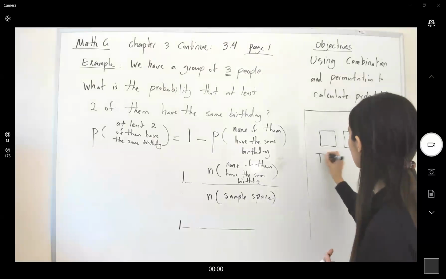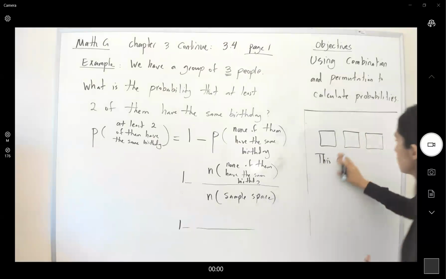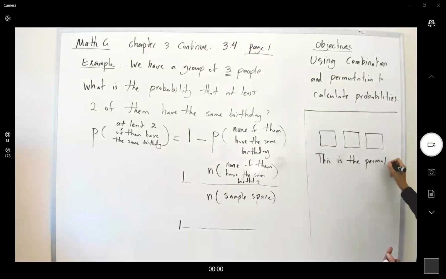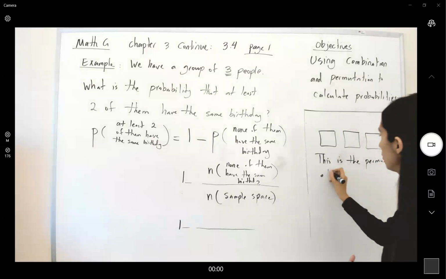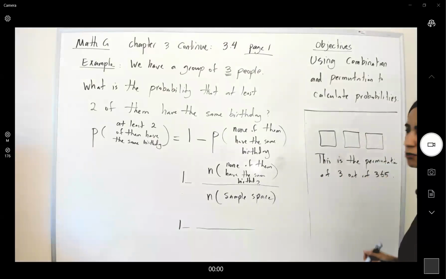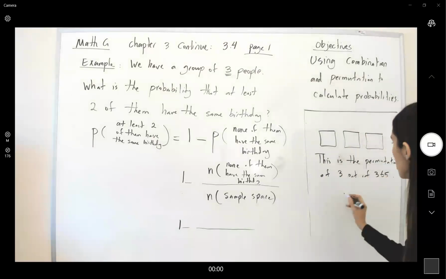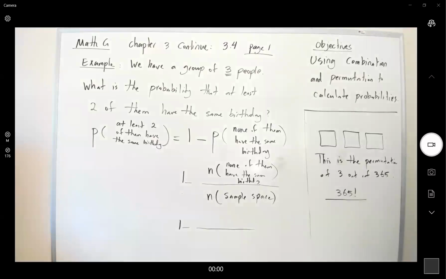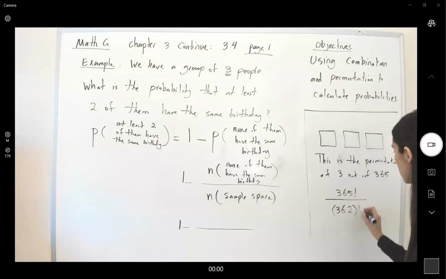This is the permutation of 3 out of 365. Suppose we have 365 days in a year. So the permutation is equal to 365 factorial divided by 365 minus 3, which is 362 factorial.